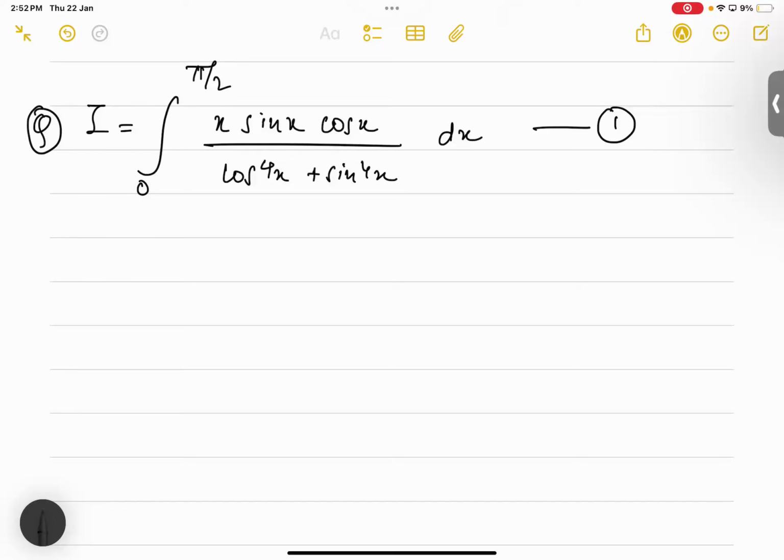Okay. Down it is raised to 4. Now sin changes to cos and cos changes to sin when? No, I'm not asking about the axis. Which formula? Sin of pi by 2 minus x is cos, and cos of pi by 2 minus x is sin. So use the property. Start.